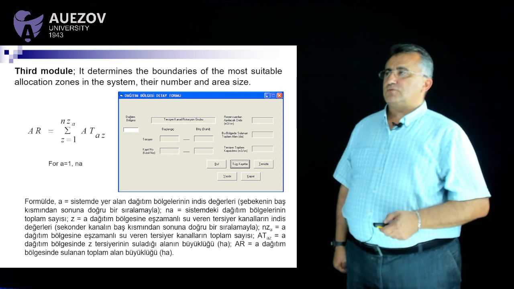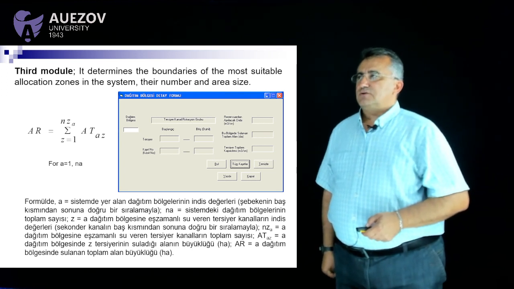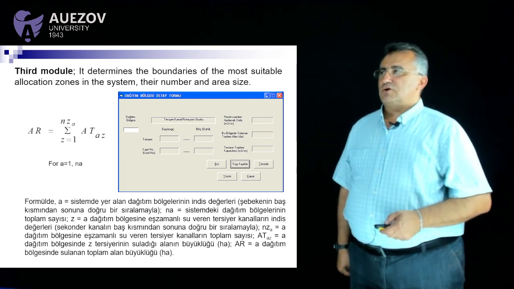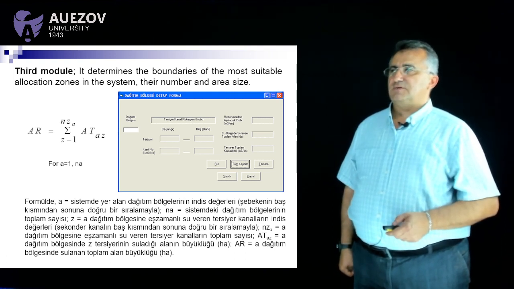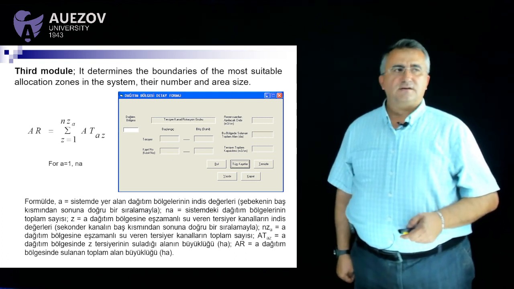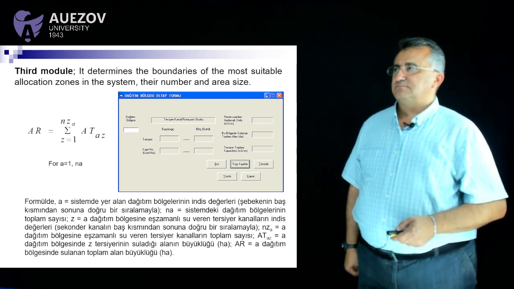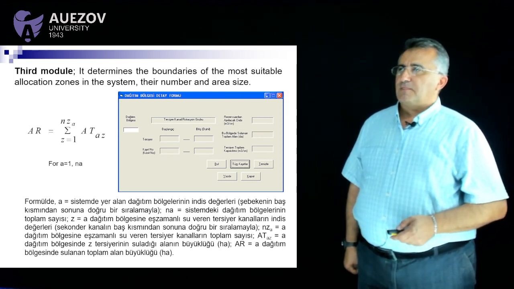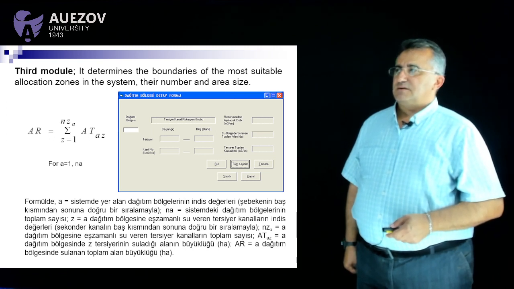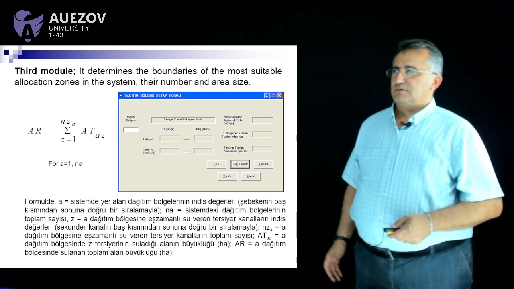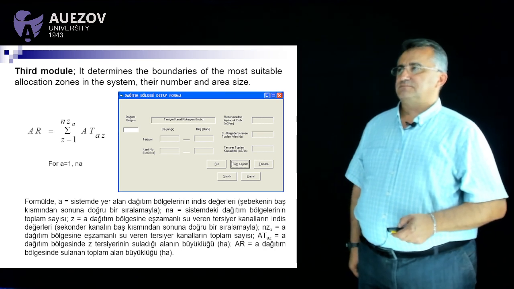The third module determines the boundaries of the most suitable allocation zones in the system, their number and area size. And also, the program runs the formula given here.